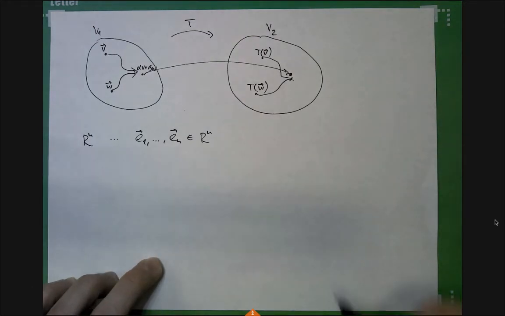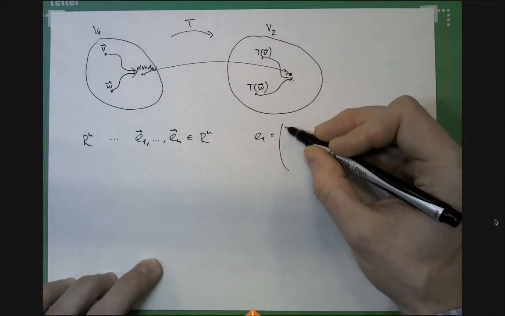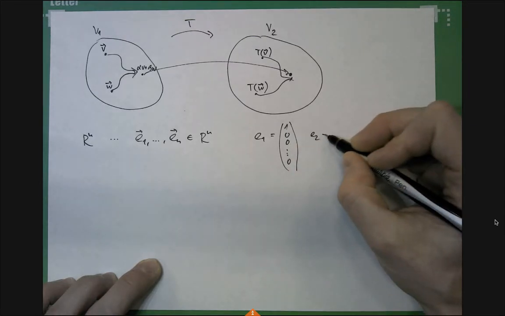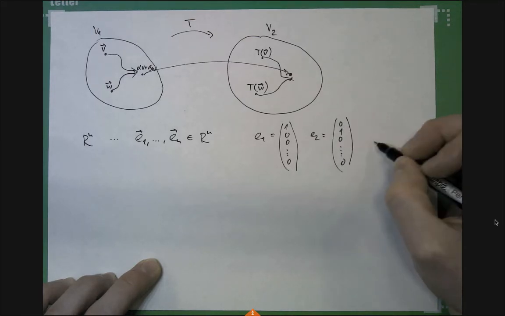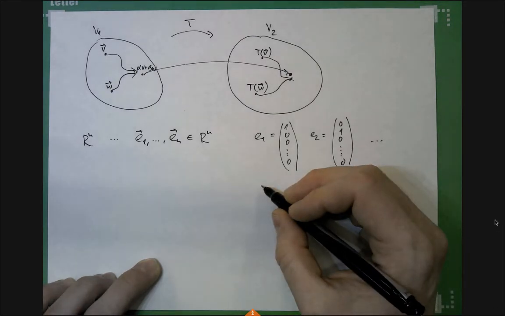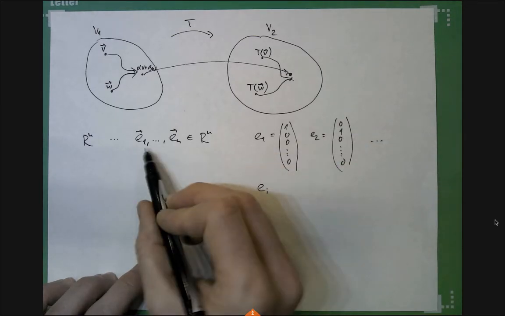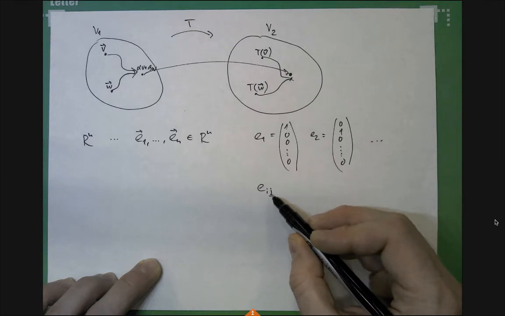Do you still remember how these guys look? E1 looked like this. It had 1 here and zeros everywhere else. Similarly for E2, it was 0, 1, zeros everywhere else, and so on. You got the idea. I can also write it this way if I want to be a little more fancy: E_ij, where i is my index, which standard basis vector it is, and j is the coordinate, the component.